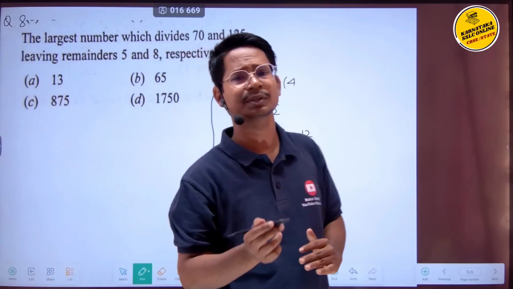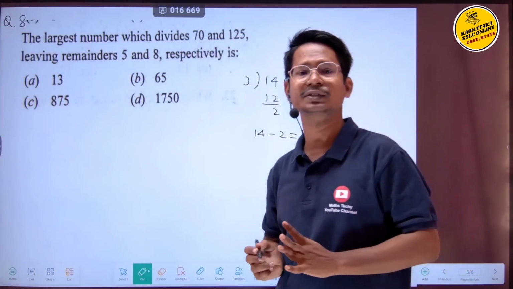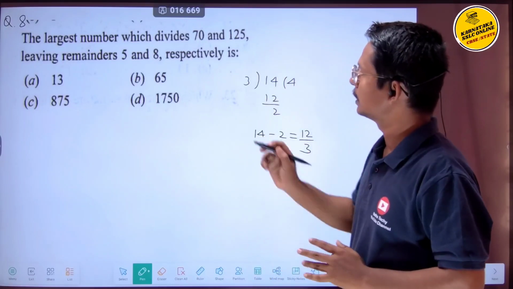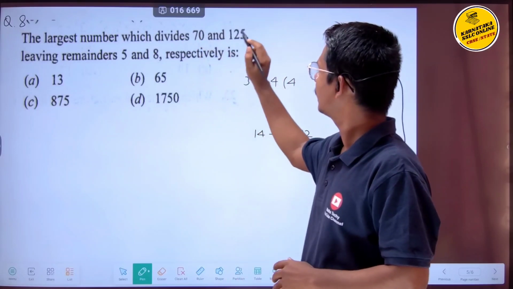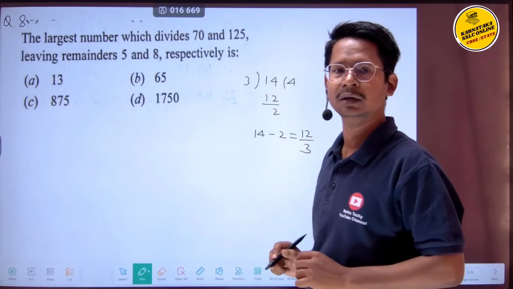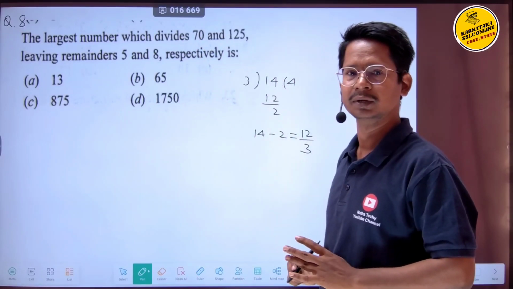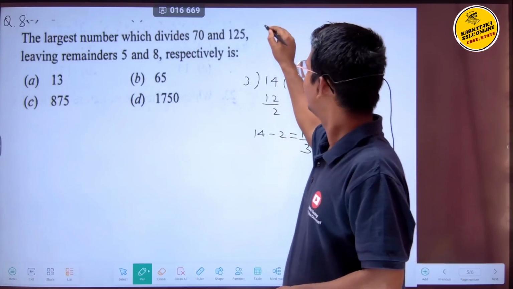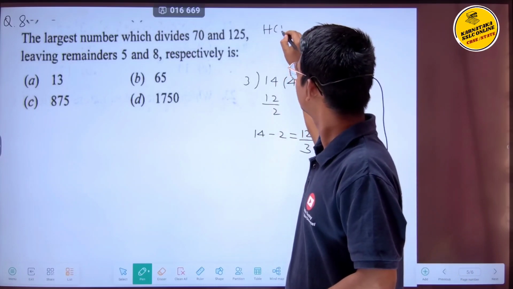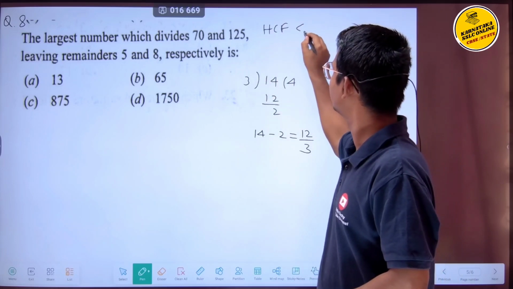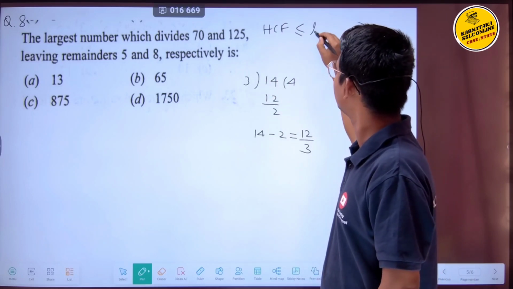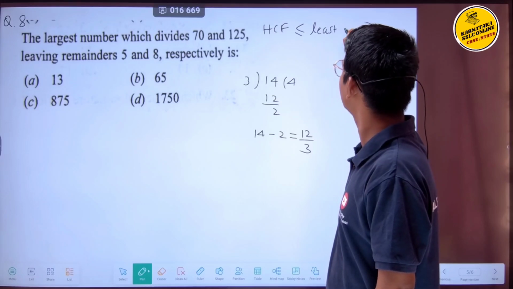Now second thing, you need to find the largest number. Largest number means, is it finding LCM or HCF? The number which divides these two should be less than or equal to the smaller value. One thing you remember: the HCF value will always be less than or equal to the least number.